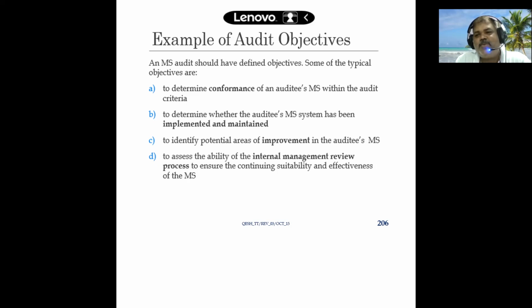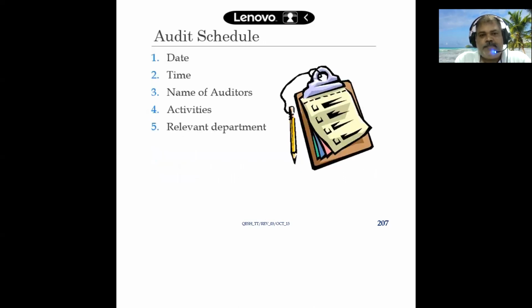How are we going to monitor every day, ask each person? So only from the audit can we know how they follow, implement and maintain. Also to identify potential areas for improvement in the auditee management system, and to assess the ability of the internal management review process to ensure continuing suitability and effectiveness of the management system.